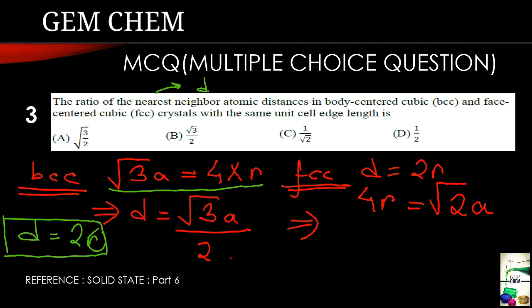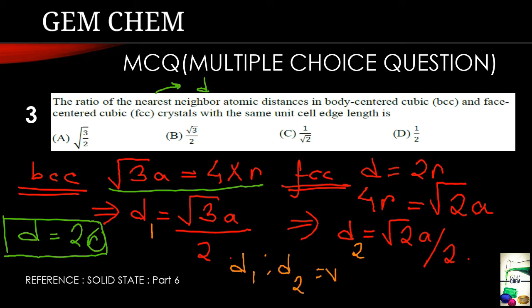Now from here we can write d equals root 2a by 2. Now if we name this as d1 and this d2, then d1 is to d2 comes to be root 3 by root 2. And we can see the answer is option number A, that is this one, right? Now we will go for the next question.